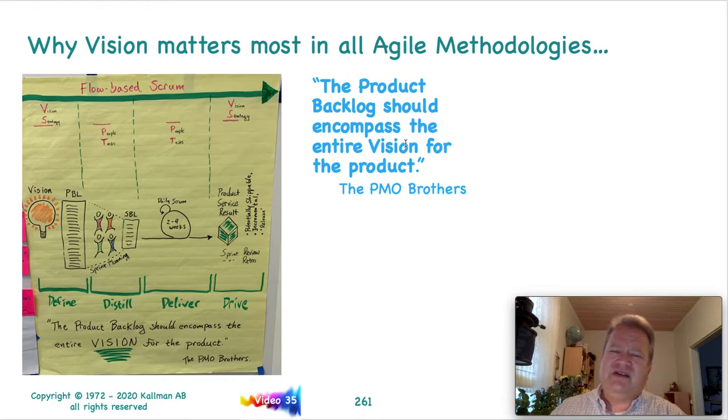The product backlog should encompass the entire vision for the product. But as I was going to say earlier, sometimes true distillation doesn't happen until you're 2 or 3 or 4 or 5, 6 sprints into the effort. I had 2 teams last year going through flow-based Scrum, and both teams in the 3rd sprint had built their product backlogs and all their lists.